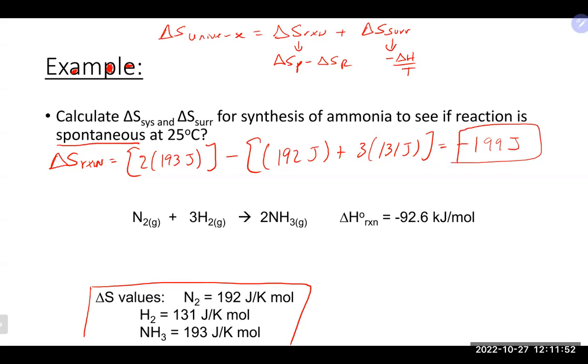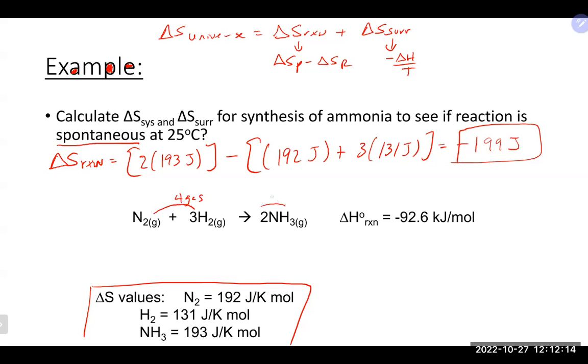So again, this value here does not tell us if the reaction is spontaneous or not. It just tells us what is happening in the reaction in terms of order or disorder. And does that value agree with what we see in the reaction? It should. I'm going to try this one more time to redeem myself. This is now 4 gas molecules, I hope.